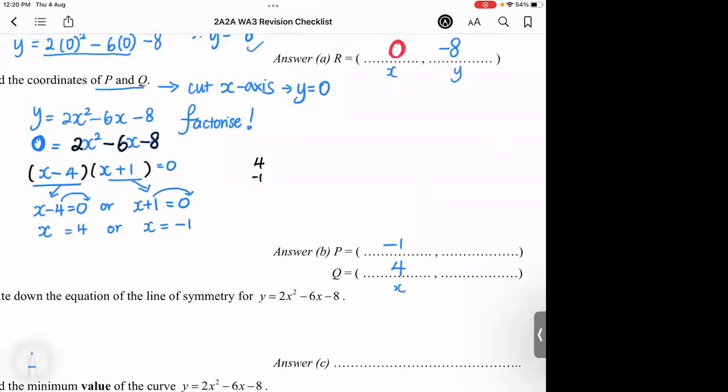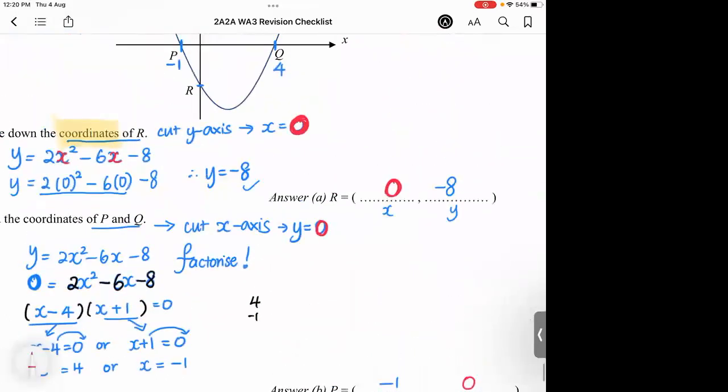What is my y value? 0. Yes. Okay, 0. So these are my coordinates. 1 mark each.